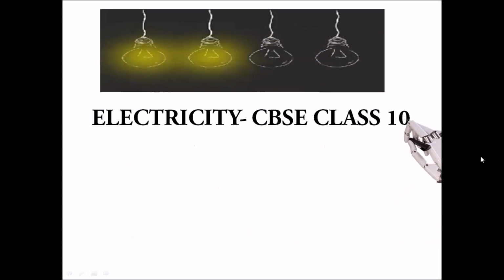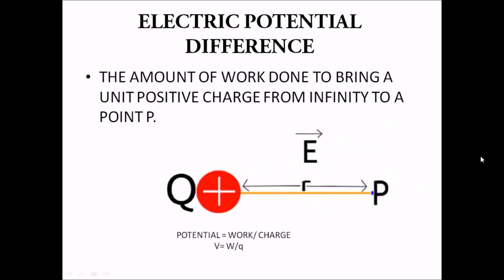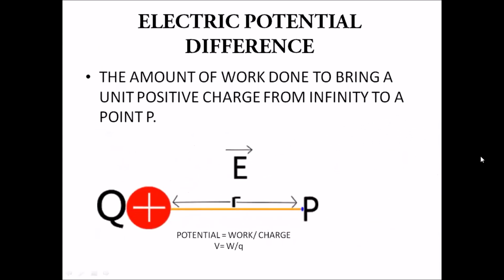So let's get started. To understand the potential at a point, assume a +1 coulomb of charge lying at infinity. We want to bring it up to point P in the vicinity of a source charge Q. As we bring the charge closer, repulsion happens, and if we continue bringing the +1 coulomb charge closer, work has to be done.